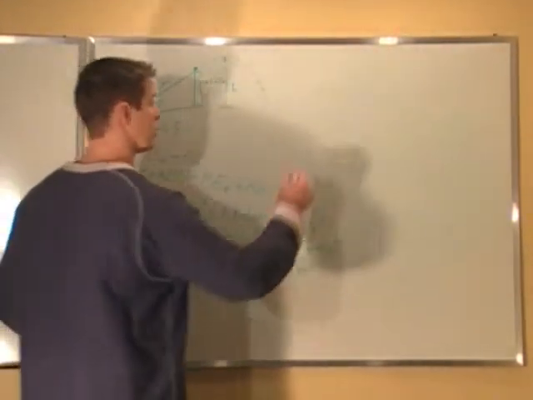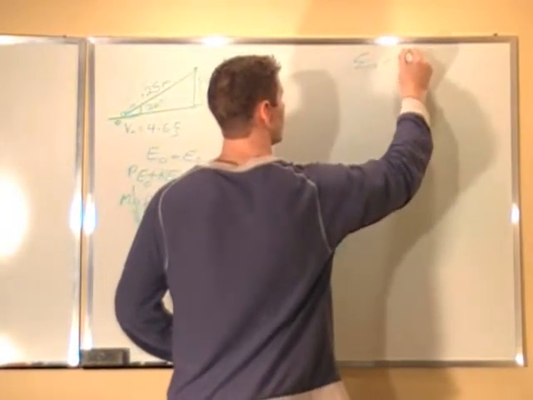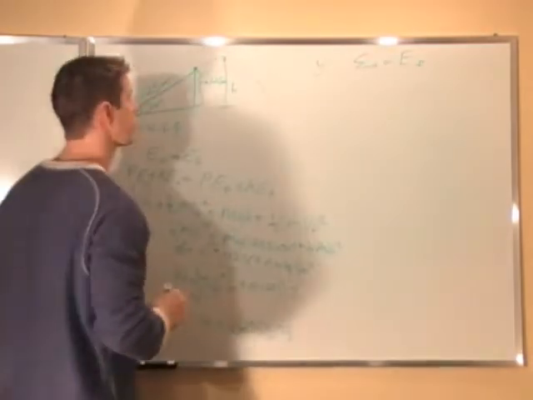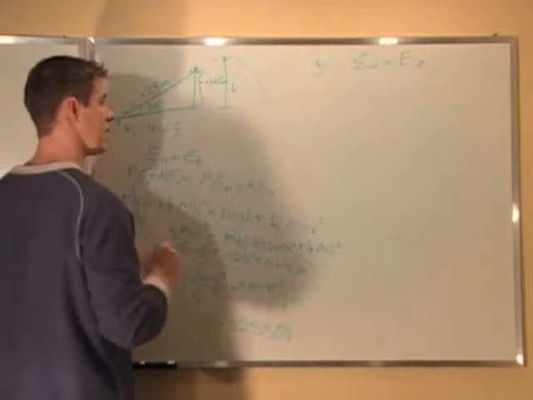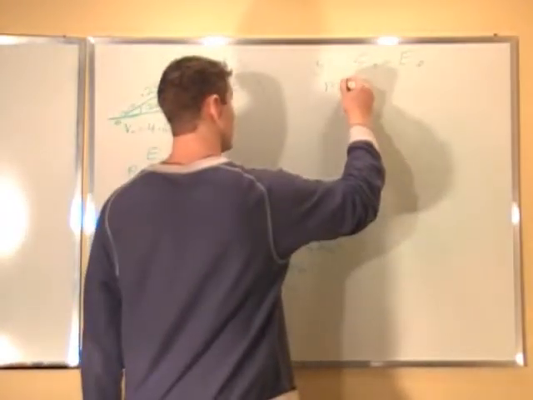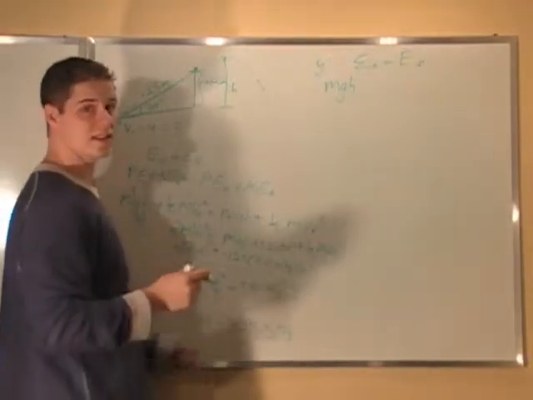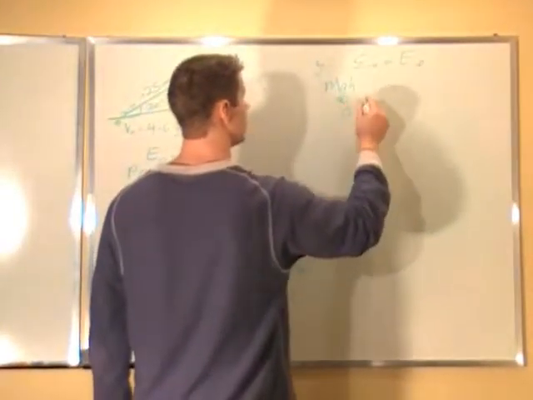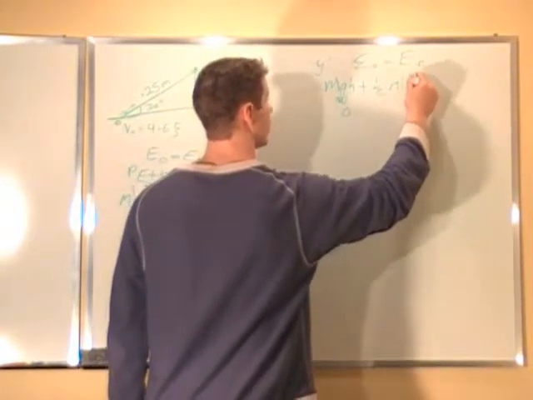So energy initial equals energy final, y direction. I'm going to say this height is now 0, because it's like a second problem now. So it's 0 plus 1/2 m v naught squared.